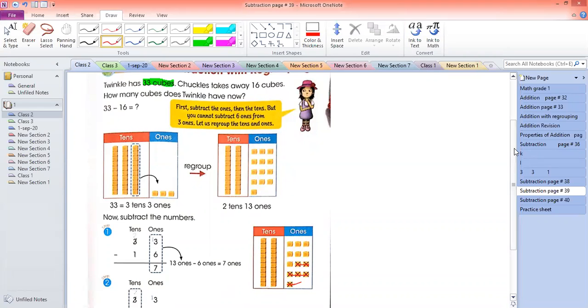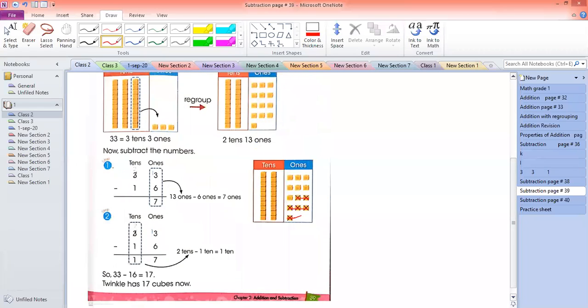So when you take 1 out of 2, you will cut 1 like it, and only 1 ten remaining. So the answer is 1 ten and 7 ones. That is 17.